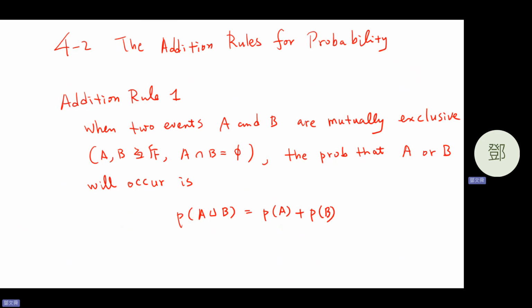Addition rule number 1: when two events A and B are mutually exclusive, which means that A and B have nothing in common. There is no element which is both in A and in B.